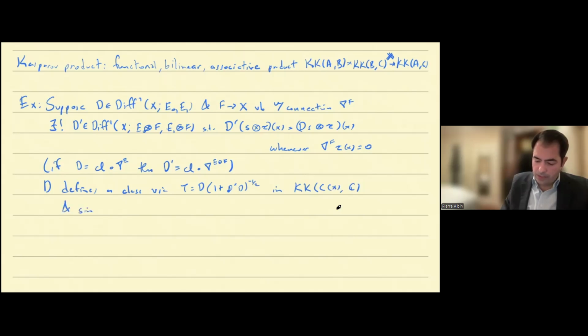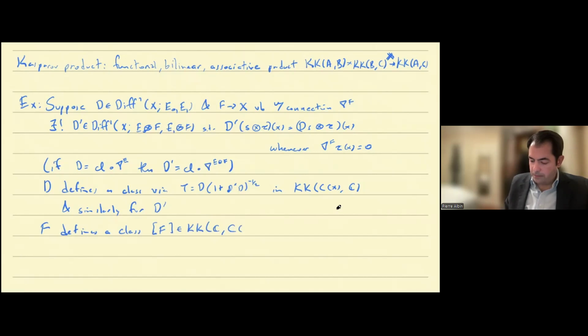And similarly for D prime, this bundle F defines a class in the topological K-theory.